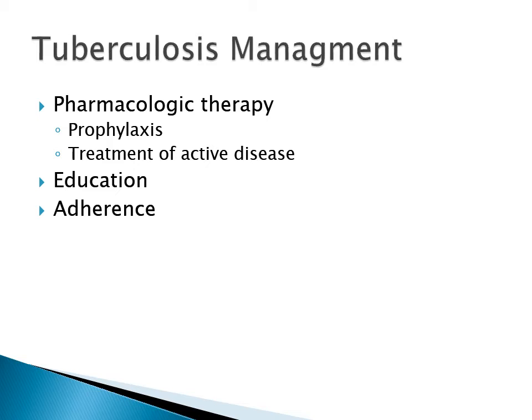Treatment of active disease centers around at least 2 of the anti-tuberculosis drugs, up to 4 and 5 of the classes of these particular drugs. They all work a little bit differently, and they are all needed in order to effectively treat the active form.